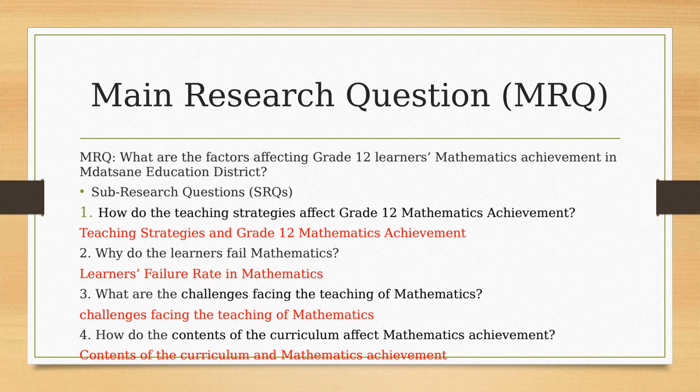So the first sub-research question I have there is, how do the teaching strategies affect grade 12 mathematics achievement? That's number 1. Number 2 sub-research question, why do the learners fail mathematics?